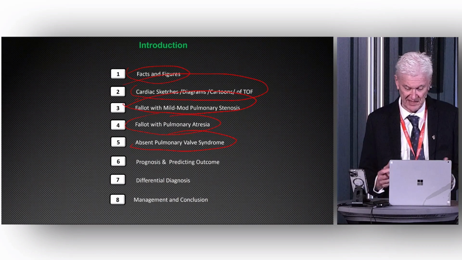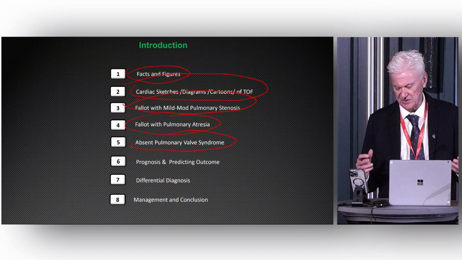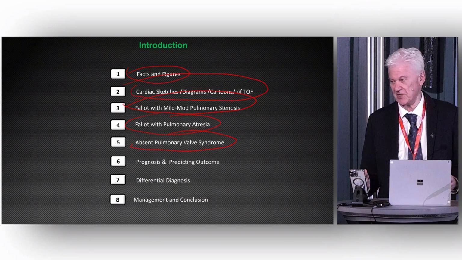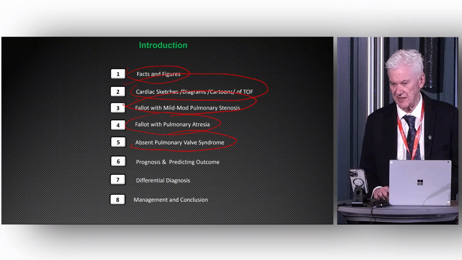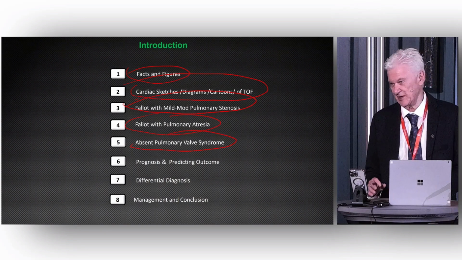I have to say, just reading and preparing for this talk, I found it's a monster amount of information that's out there on the antenatal prediction of outcome in babies with Tetralogy of Fallot. The waters are a little bit murky.